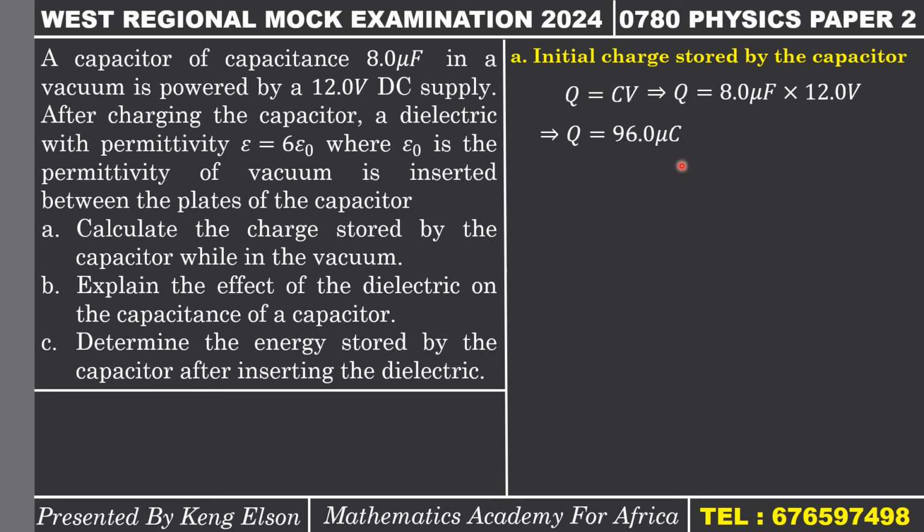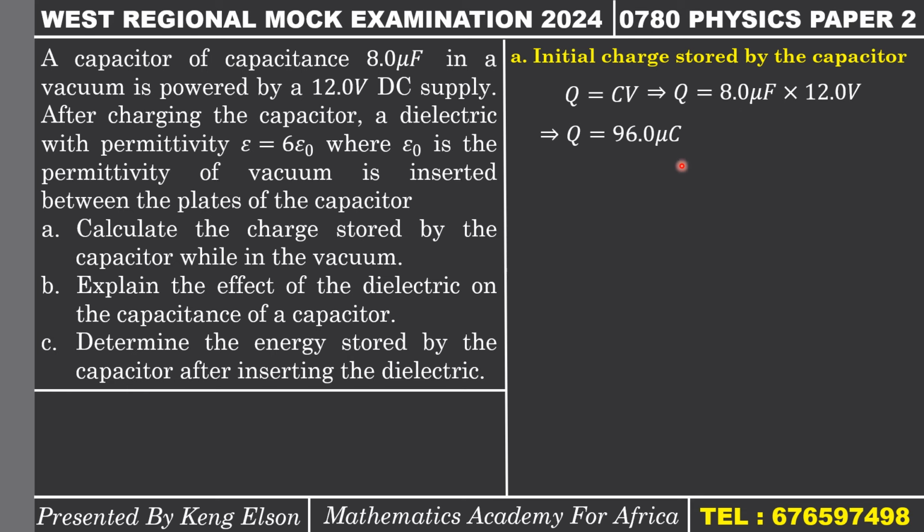It therefore means that my capacitance will be 6 epsilon 0 A divided by D, which we can write as 6 times epsilon 0 A over D, knowing fully well that epsilon 0 A over D is the original capacitance when the medium was vacuum. So the new capacitance is 6 times the original capacitance. So in conclusion, the capacitance of the capacitor will increase, and specifically increase by a factor of 6.